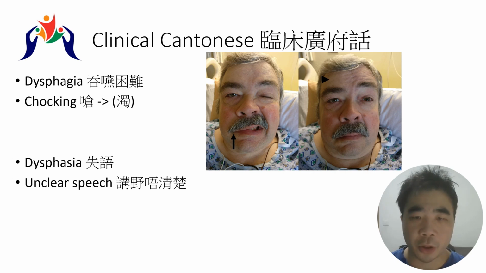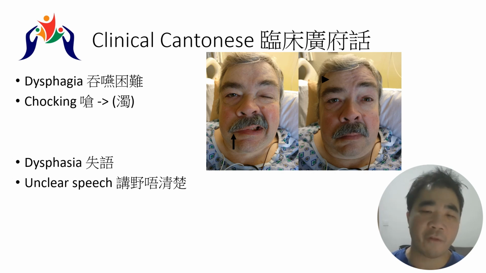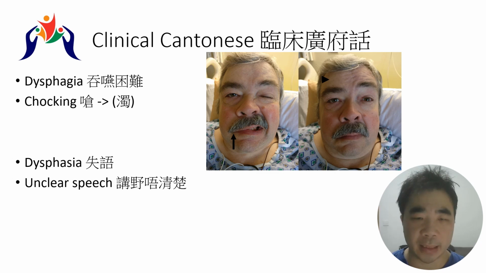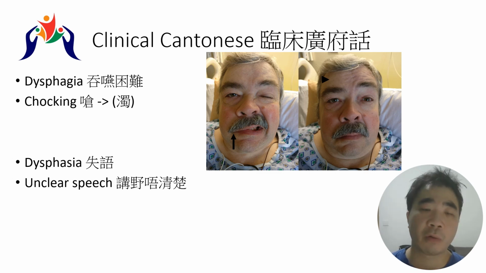The loss of control not only affects the arms and limbs, but also the head and face. There are two major symptoms involving head and face areas, about swallowing and speaking, involving the throat. About difficulty in swallowing, in our clinical terms, we call it dysphagia.